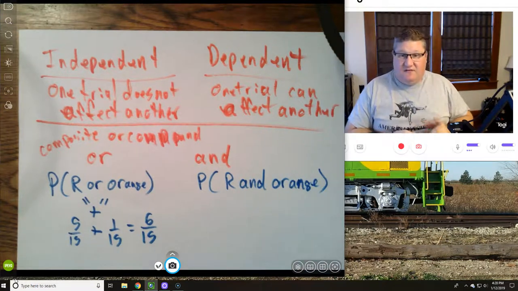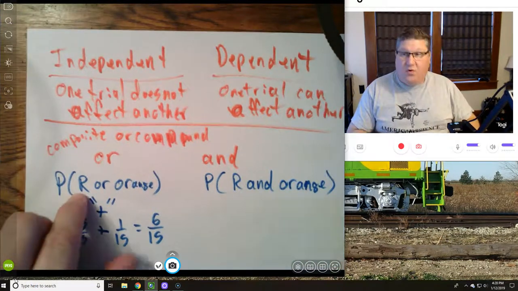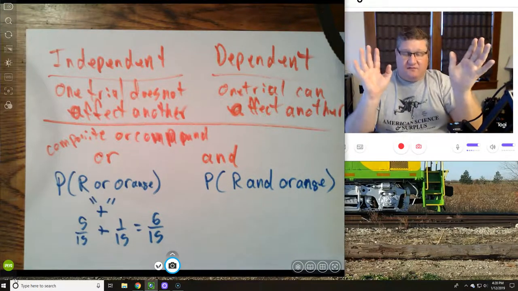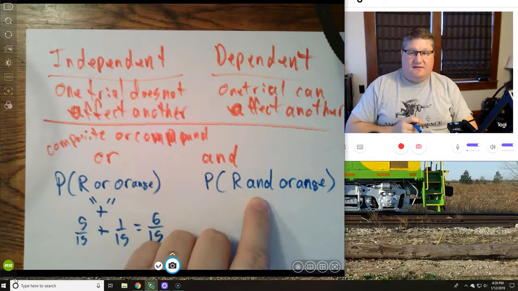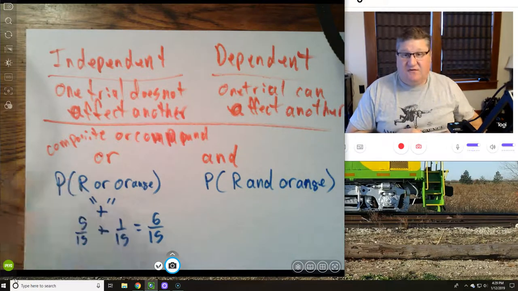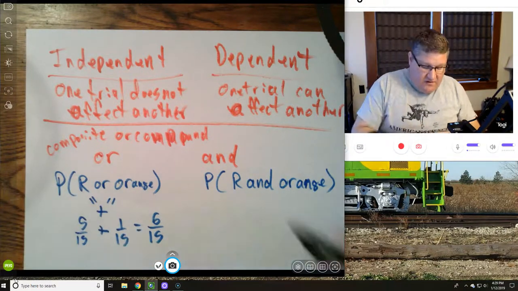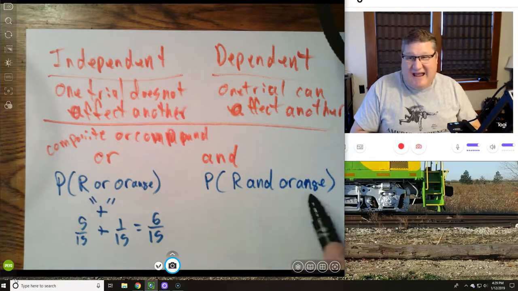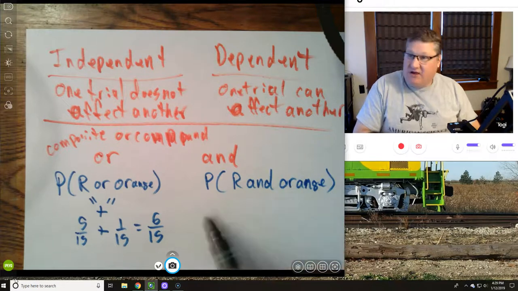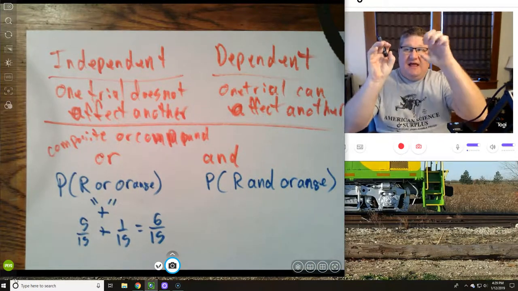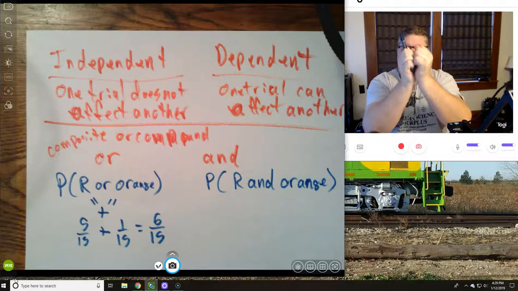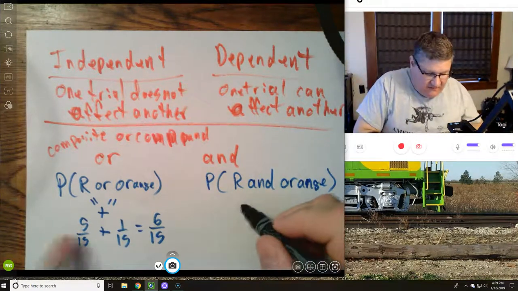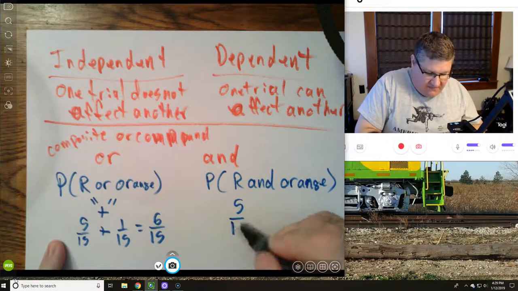Now the nice thing is it becomes easy to get, because or means I win if I get this, or I win if I get this. Let's go to and. And is not inclusive but exclusive. Exclusive means if I need a red and an orange, I only win if I get this one and this one. I have to have them together, rather than this one wins or this one wins. So in this case, the probability of red was 5 out of 15.